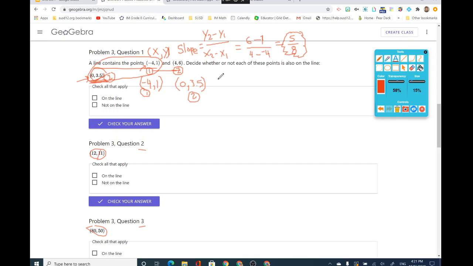Let's calculate slope. The slope is y2 minus y1 divided by x2 minus x1. You should be doing this on your piece of paper, not just sitting there waiting for me to give you the answers. Okay, do the math quickly and tell me if the slope is the same or not. Pause the video.